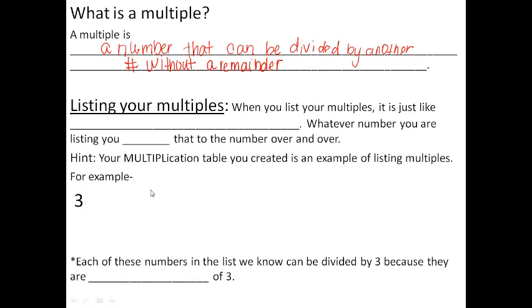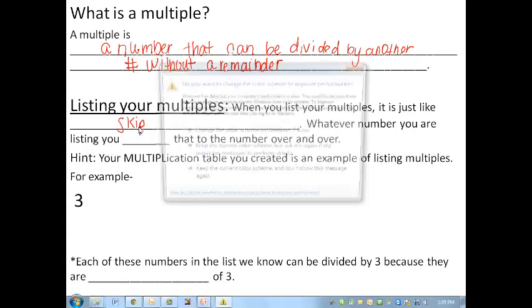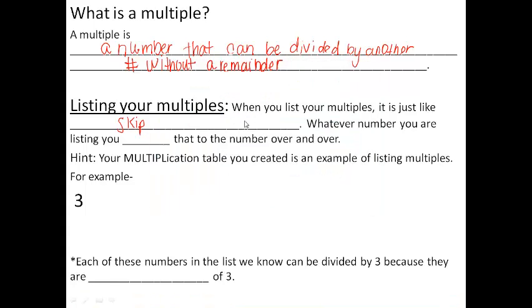When you list your multiples, it's just like you are skip counting. If you were to count by twos, you're just adding 2 over and over again. Whatever number you're listing, you add to the number over and over again.